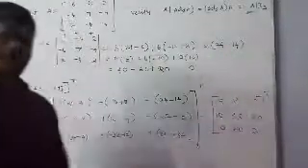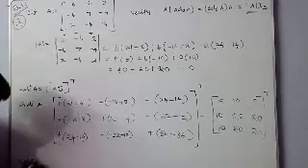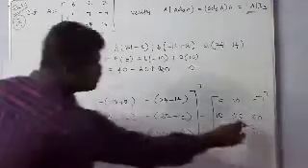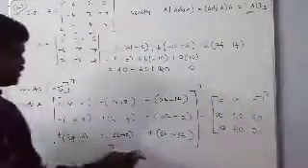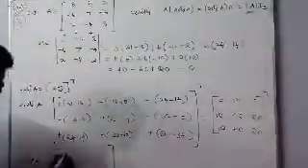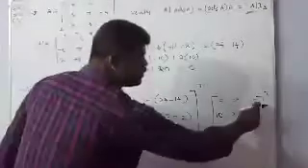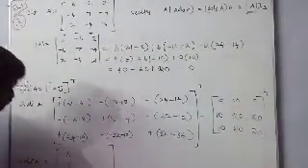This is the cofactor matrix. Now adjoint matrix is what? Adj equal to Aij transpose. Now we have to transpose this matrix. If we transpose this, the same matrix will come because 5, 10, 10. Take the first row, write the column 5, 10, 10.